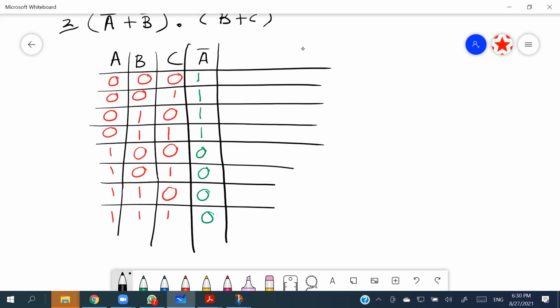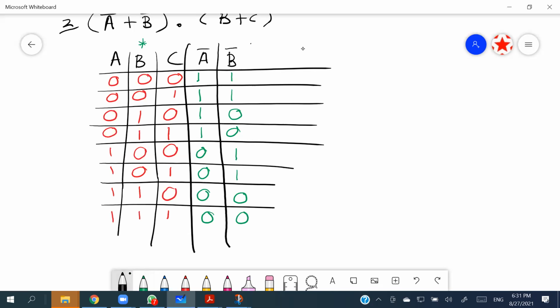Then you are going to create B bar because we got A bar and B bar both in the bracket. So how are we going to convert the B bar? Just by looking at the B column. So it is going to be 1, 1, 0, 0, then again 1, 1, 0, 0, right? So A bar and B bar is okay.